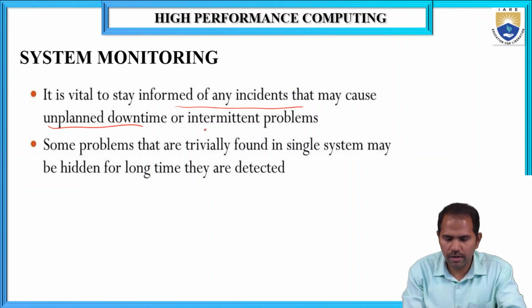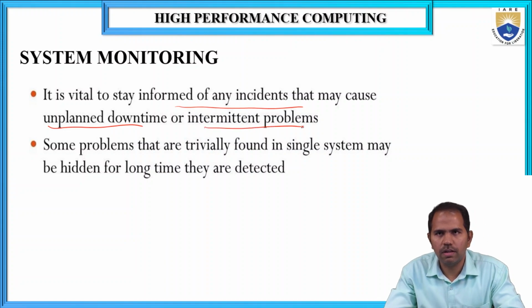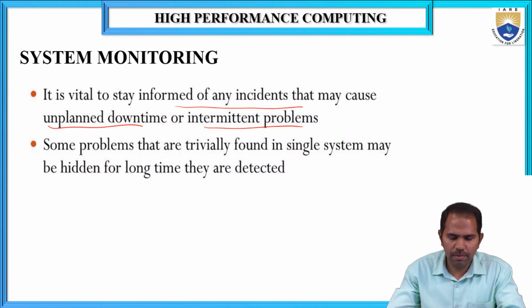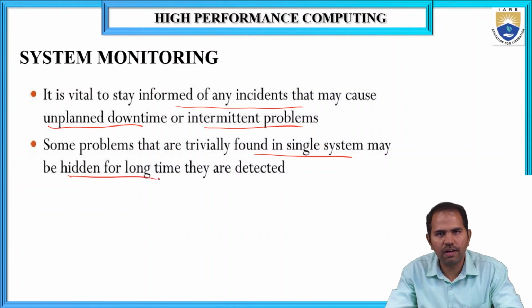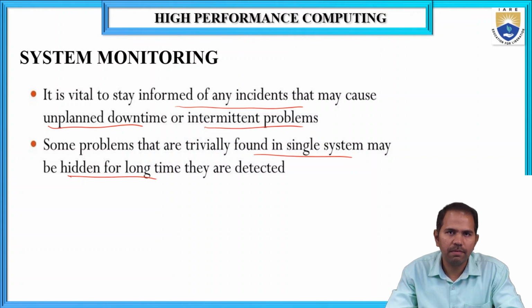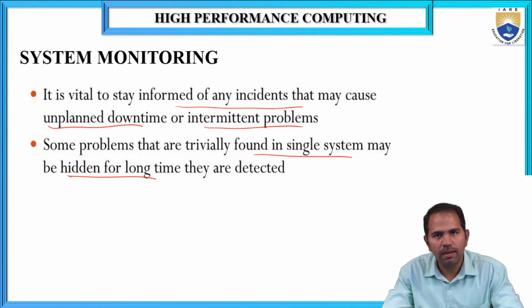Intermittent problems are also there. Some problems that are trivially found in a single system may stay hidden for a long time. Some incidents do not happen for a long time; they may be running in the system and only be found after a long time.